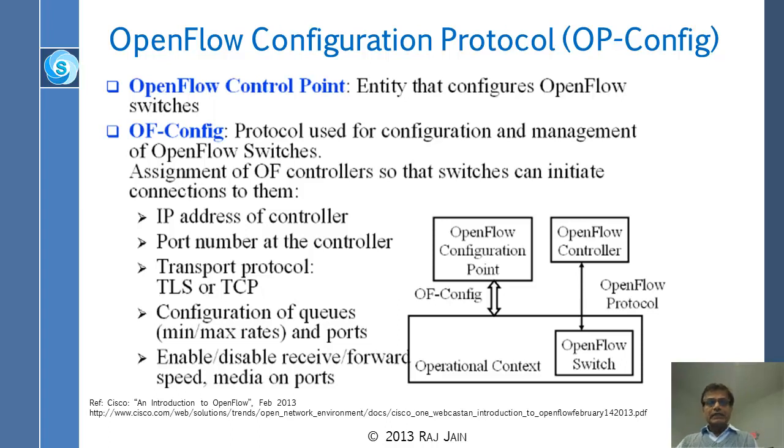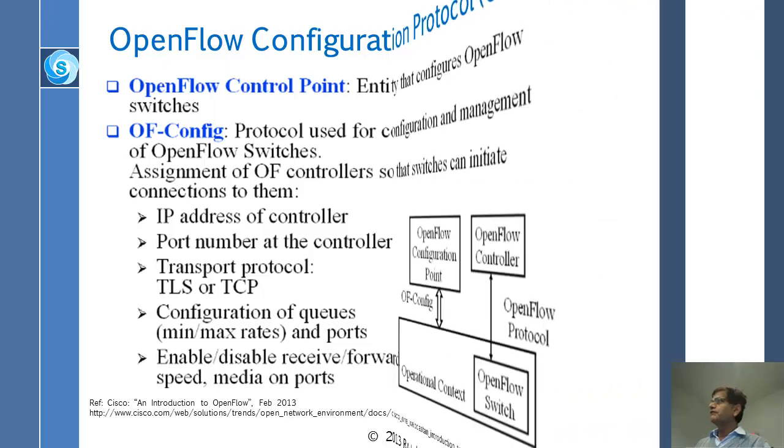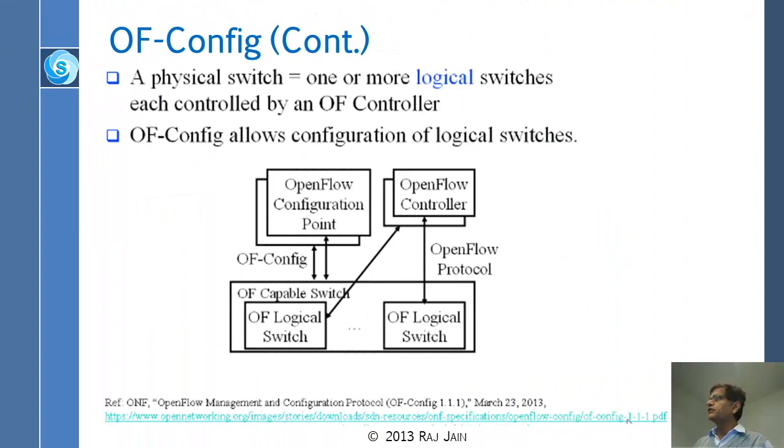And one more thing is that the switch does not have to be physical. A physical switch could be many virtual switches. And so we call them logical switches here. So there could be many configuration points for one physical switch. A physical switch is called an OF capable switch.